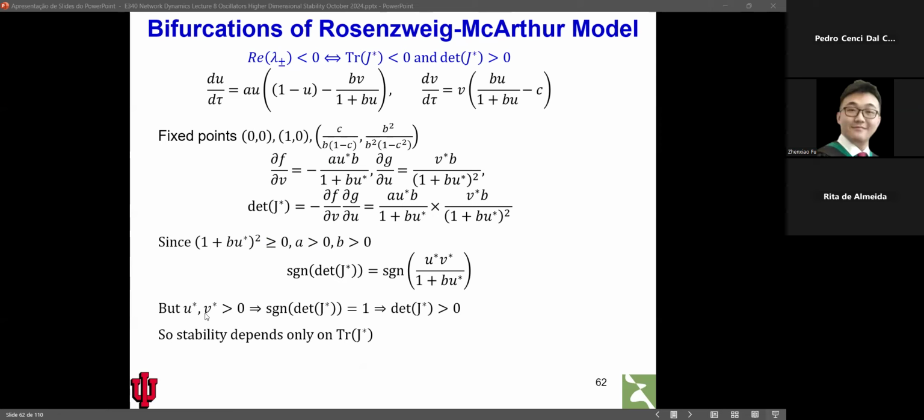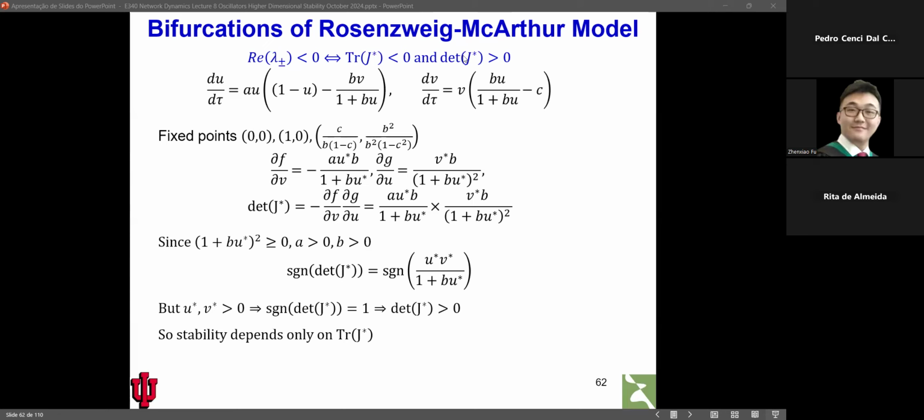And because u star and v star are larger than 0, the sign is going to be positive. The determinant of J is going to be larger than 0. So the stability depends only on the trace of J. Okay, so we are going to look at the trace of J, because if all the real parts are less than 0, which means it's a stable fixed point, we have to have these two conditions.